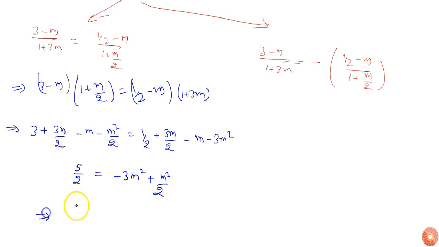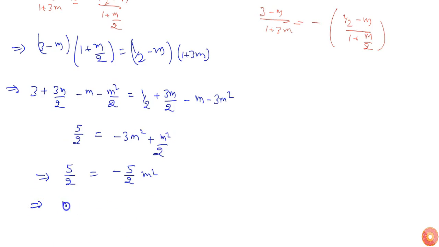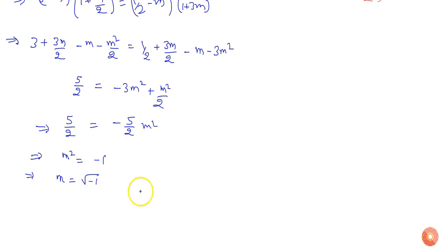Or from here I can say 5 by 2 equals minus 5 by 2 m square, or I can say m square equals minus 1. From here the value of m will be under root minus 1, which is not real, and we know that the slope must be real, so this will not be our answer.